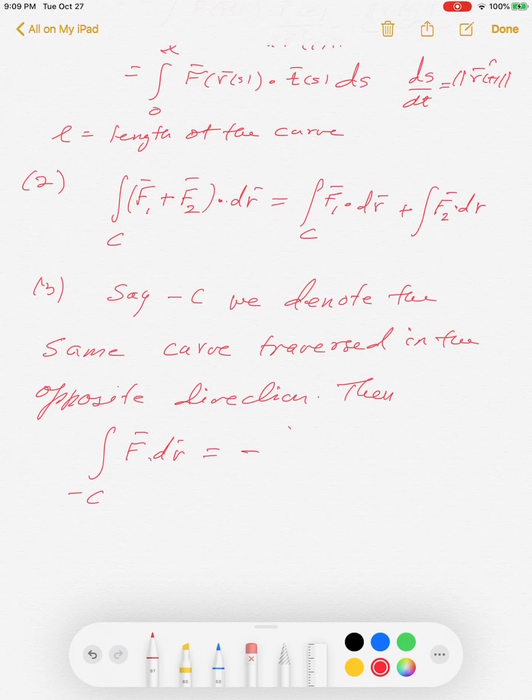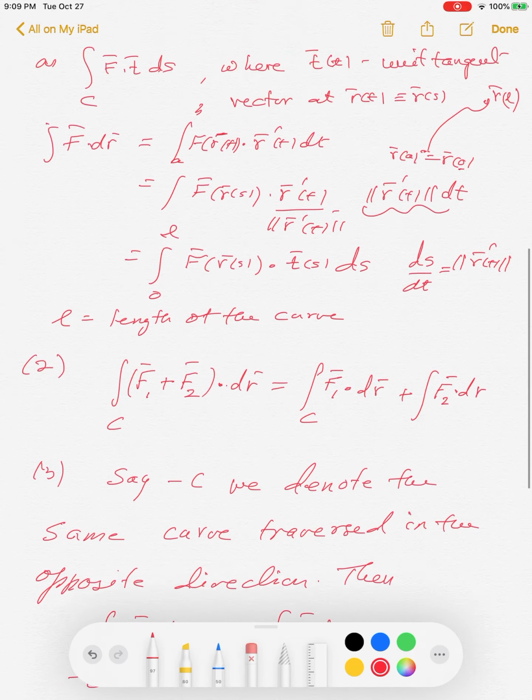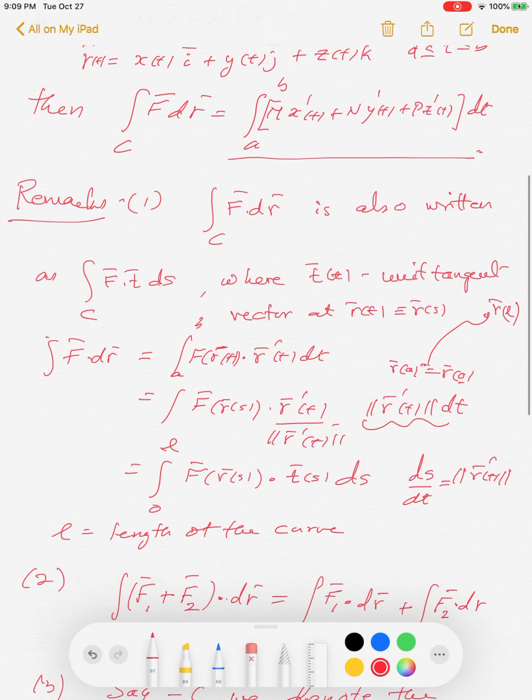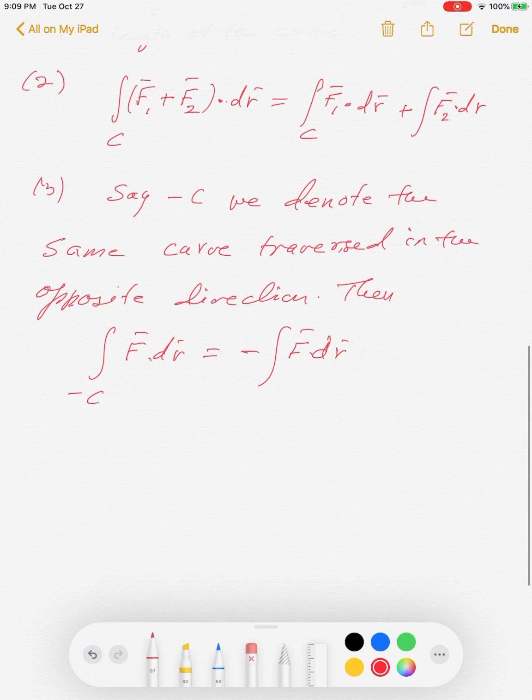Then you will see that the integral of f bar dot dr bar over minus C is just minus the integral of f bar dot dr bar. You just make a change of variable in your formula, t equals minus t in this formula, and then you get what we have.